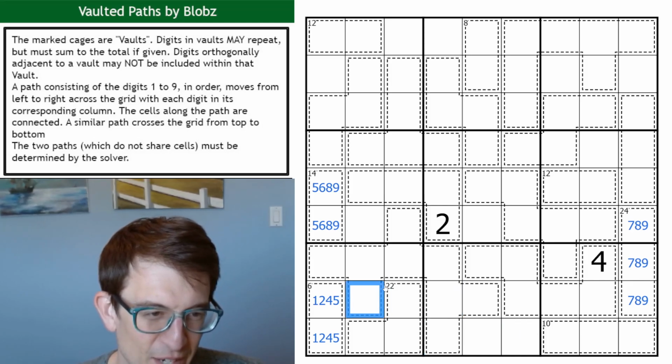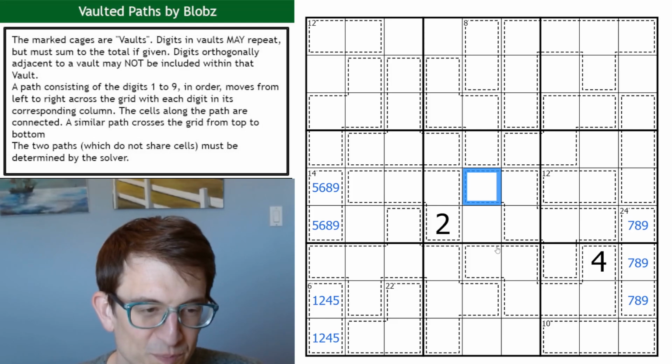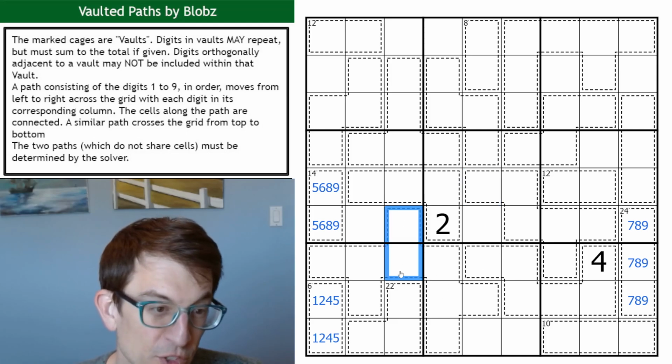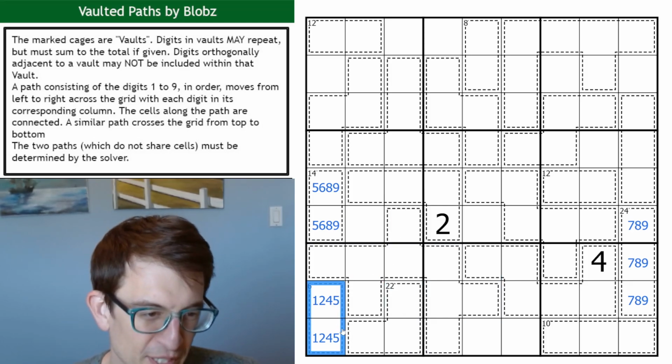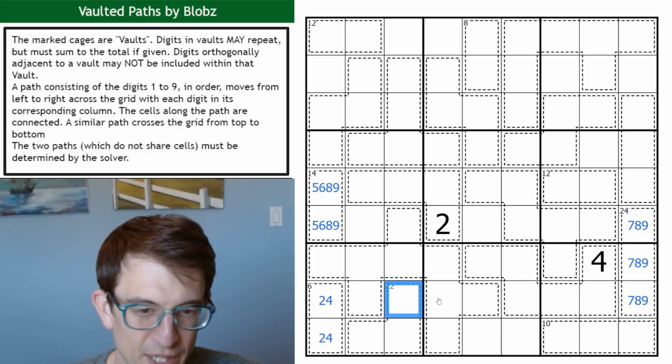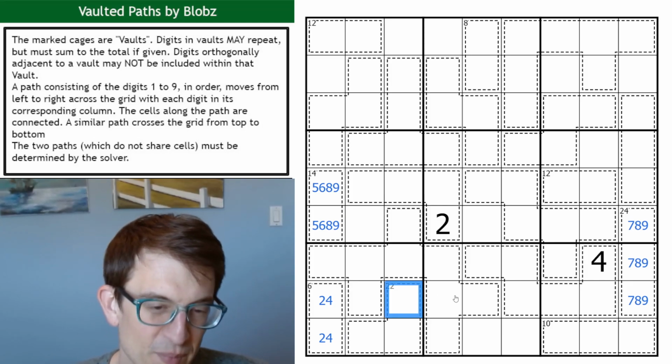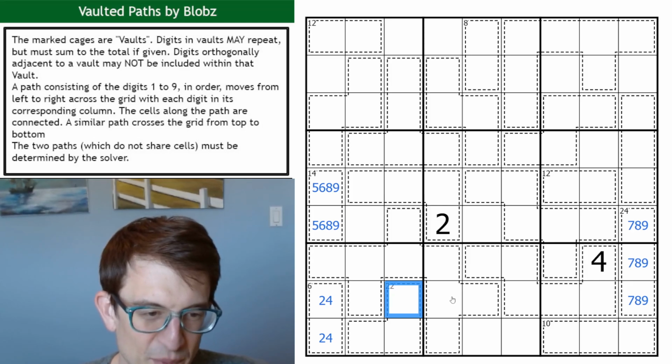So I don't know how to exclude a 4 there. There's no 2 in, here we go. There's no 2 in this cage, and there's no 2 in the 22 cage. So the 2 is in here, and that's going to go with a 4. So that is something.